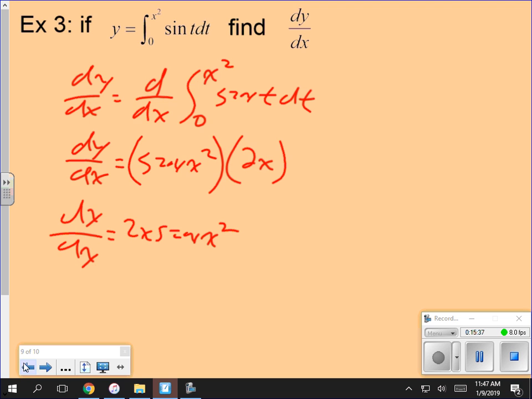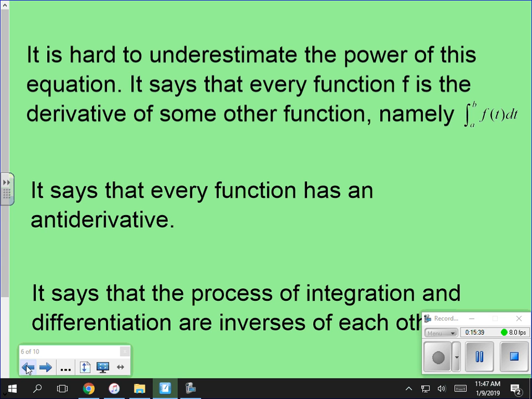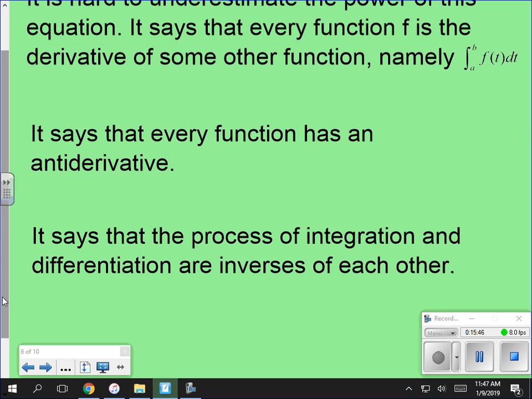Once again, this is where it really gets important, this part here. Okay? Every function has an antiderivative, every function has a derivative, and the process of integration and the process of differentiation are inverses of each other. That's huge.